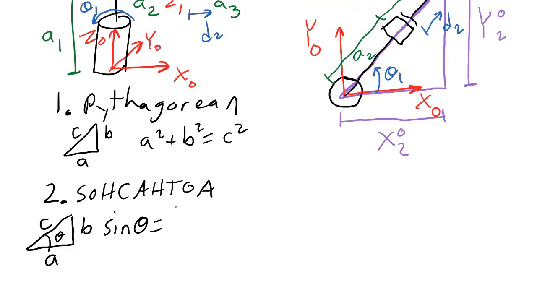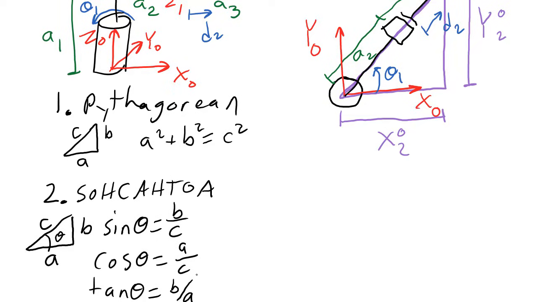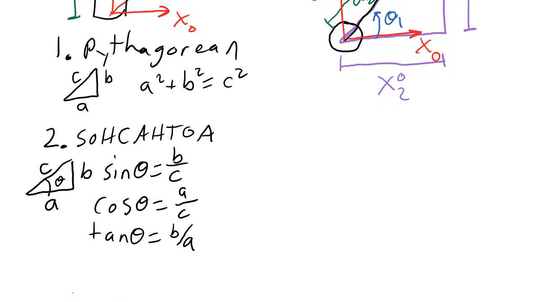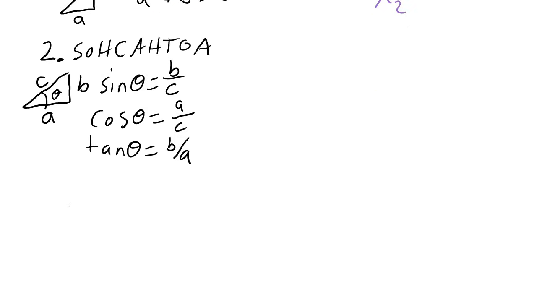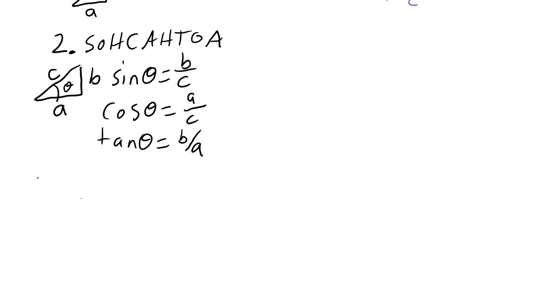We'll call the hypotenuse C. The cosine of theta is the adjacent over the hypotenuse. And the tangent of theta is the opposite over the adjacent. These two things both work only if we have a right triangle.